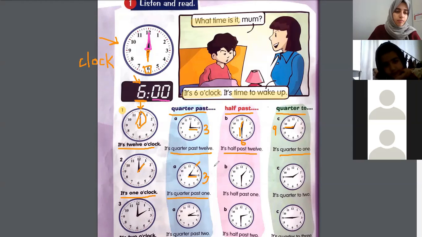Lamar, in the next one, the long hand is at 6, right?